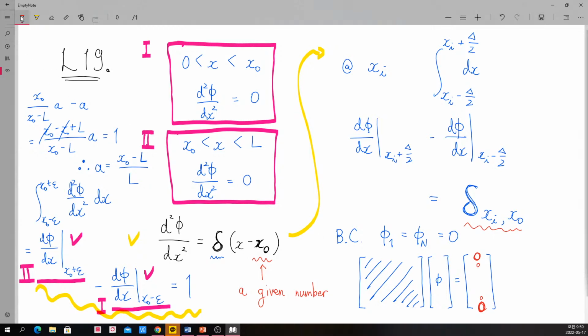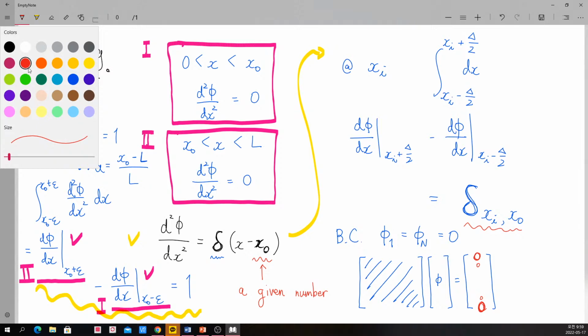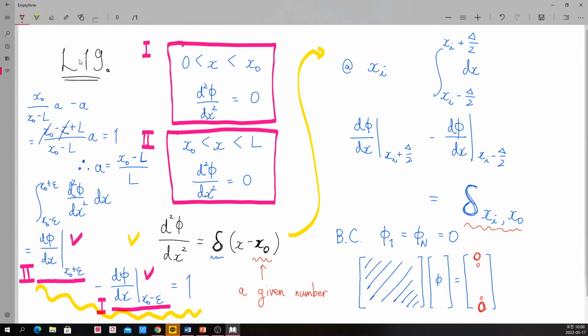However, eventually we will have a certain position where we have the number 1. Why do we have the number 1? Because at that discretized point we have introduced the Dirac delta form. So are you with me?